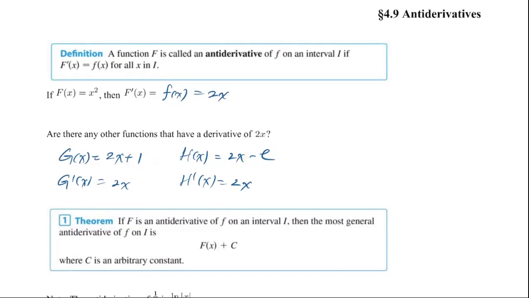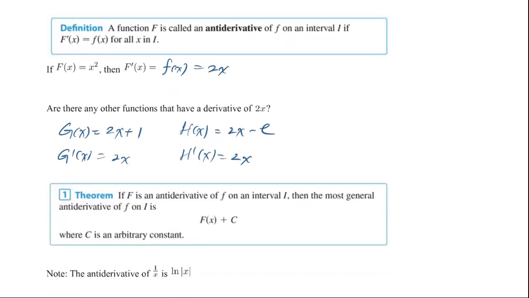That's what the next theorem basically says: if capital F is the antiderivative of small f on the interval I, the most general antiderivative of small f on I is capital F of x plus c, right? So f of x, if you think about it, is d/dx of capital F of x, isn't it?